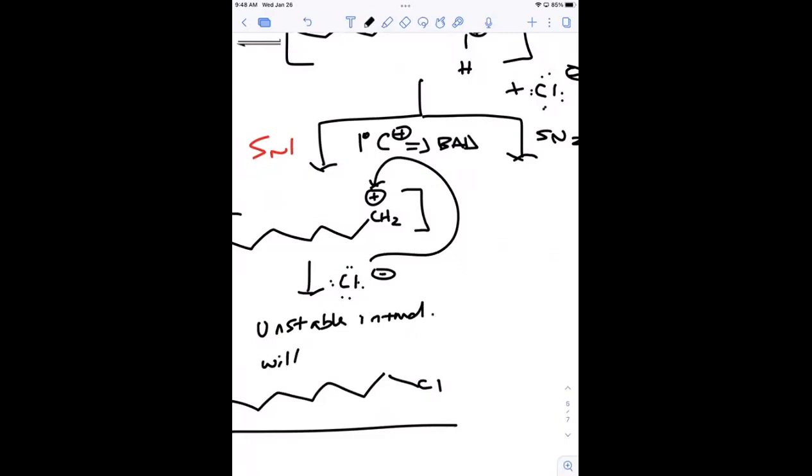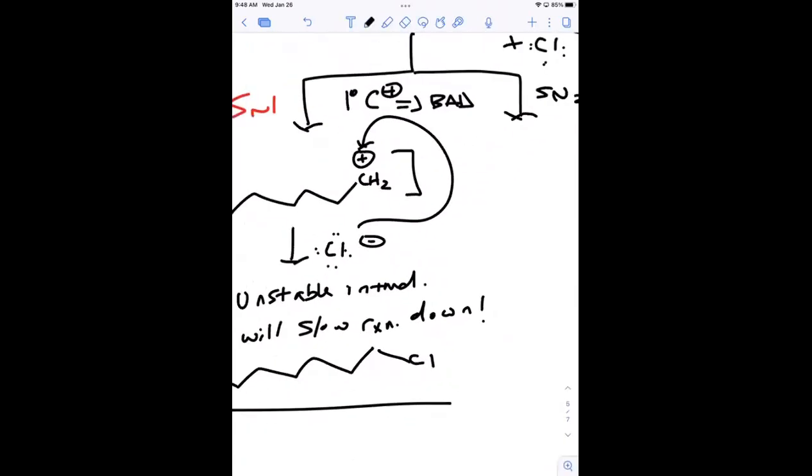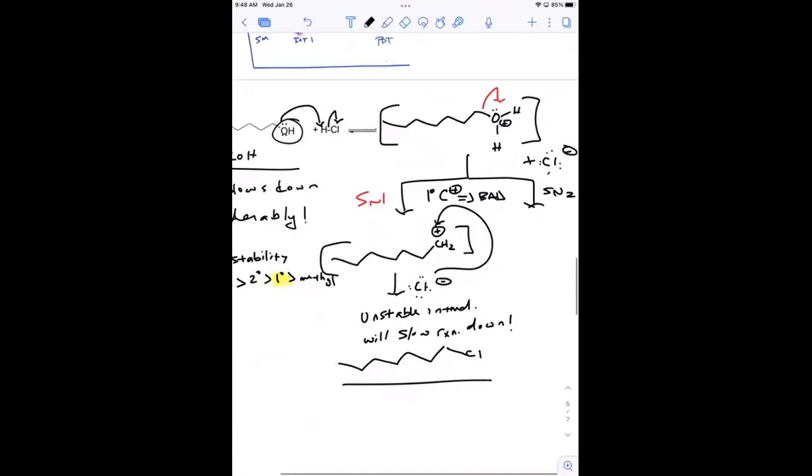So that unstable intermediate is going to slow the reaction down, like way down to a crawl. So you're going to slow that reaction way down.